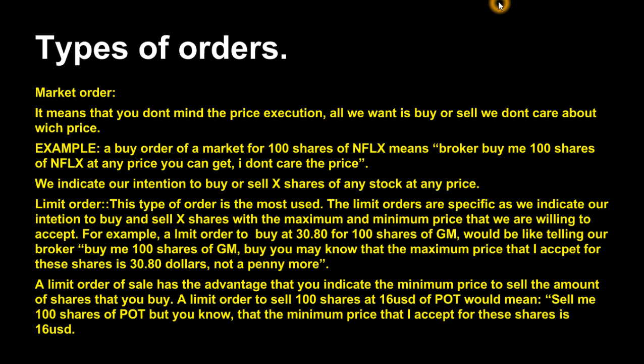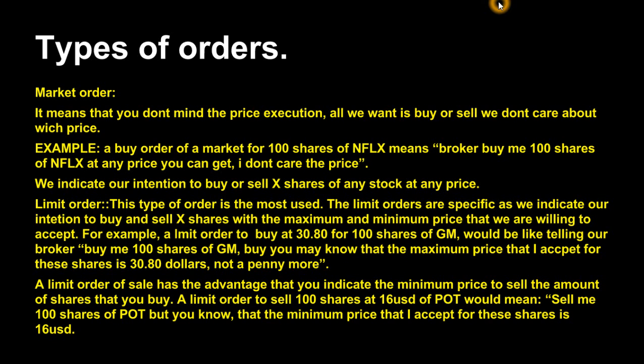We don't care at which price our position executes. We only care about going in or out of a position. It depends if you are long or short, but the price doesn't matter. The broker will execute your position at any price, but at that exact time.